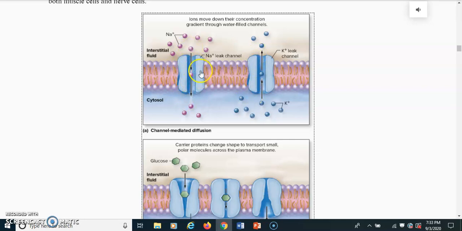Anytime the sodium wants to move from an area of high concentration to low concentration, it'll do that, and the potassium the same way. So they call that channel mediated facilitated diffusion because the particular substance is moving across the plasma membrane using a channel.